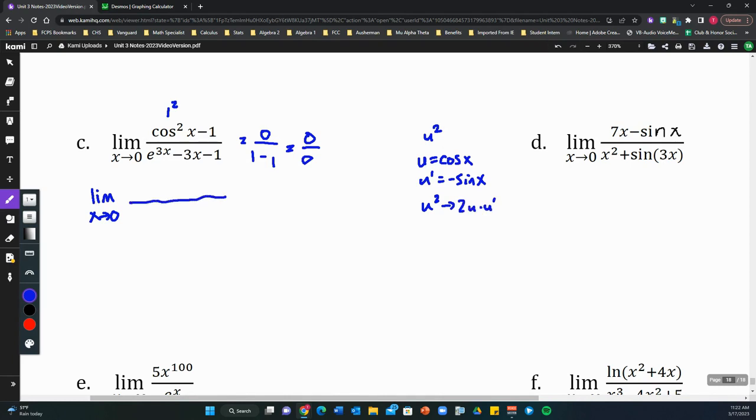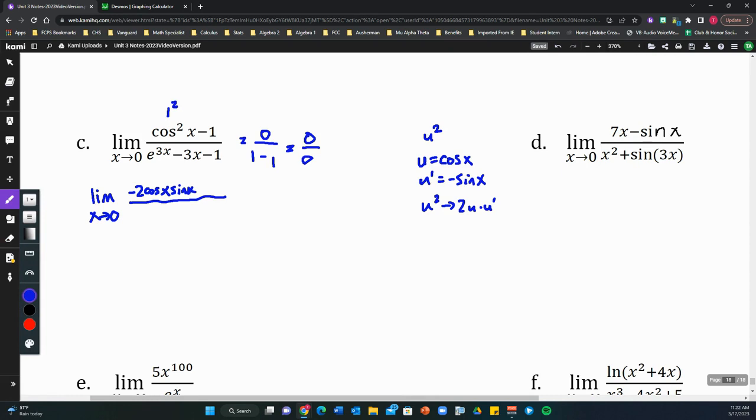So for our numerator, we just end up with negative 2 cosine sine. It doesn't technically matter what order we write those functions in. Some people prefer always writing sines first. I am one of those people, but it doesn't really matter which one goes first, because again, it's just a product. So that's our numerator derivative.